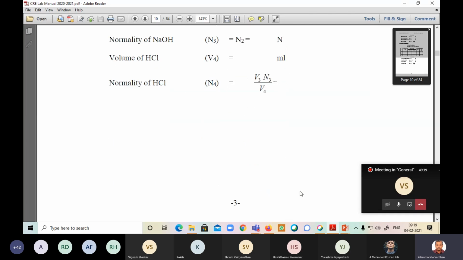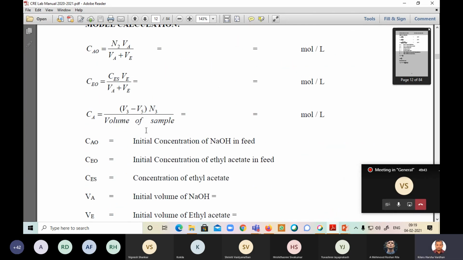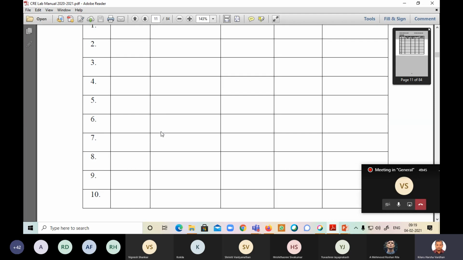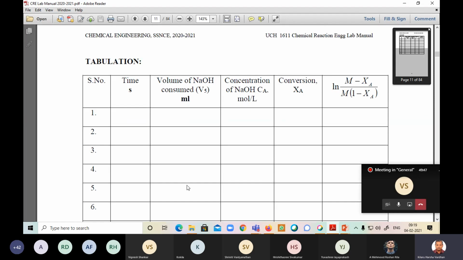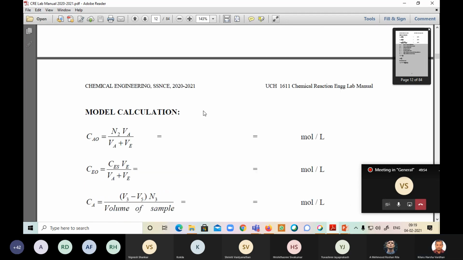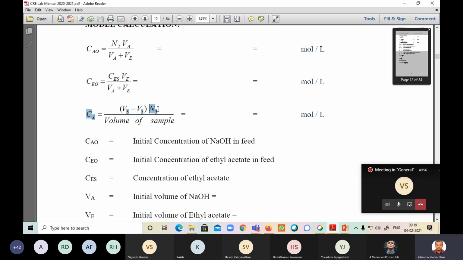So that V3 minus V5. V5 is nothing but this. How much NaOH is consumed for this particular thing? So that minus this, into N3. N3 is nothing but the concentration of that, divided by the volume of the sample. Here again, people are having different things.